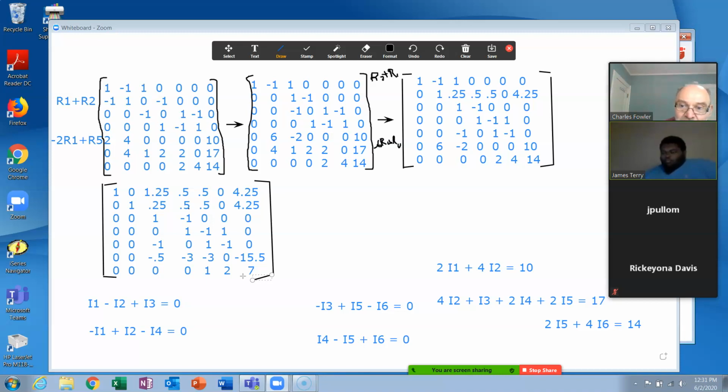I2 is equal to 2, believe it or not. I3 is equal to 1. And that one, I think, it's hard to see how it was now, but you've done elimination of these two, and that changed these two numbers. That gave you a 1 right here. It really did, okay?